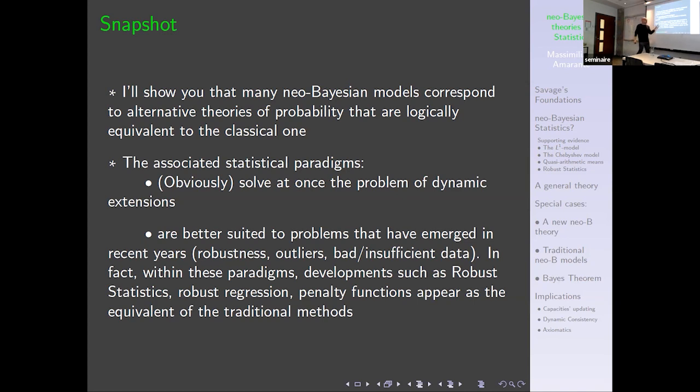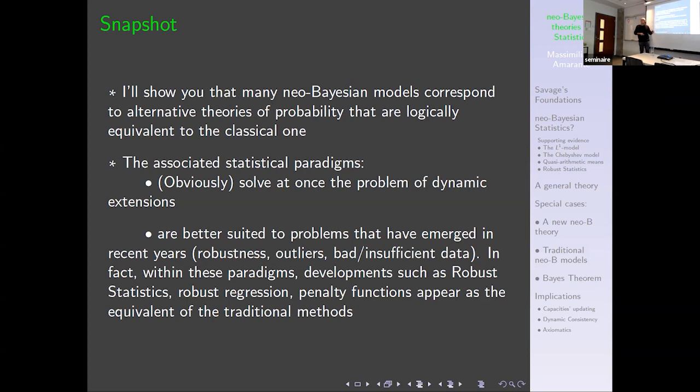But they're better suited to a bunch of problems that have emerged, like robustness, outliers, insufficient data, etc. All things that these days, one way or another, are big deals. And in fact, we will see that lots of techniques that are already in place can be regarded as the equivalent of classical techniques in this alternative probability.